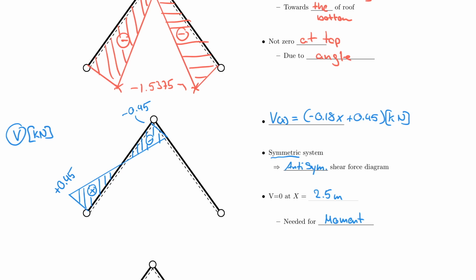But everything else stays the same. The logic stays the same, and when in doubt, you can just analyze the support B and then draw the internal forces for that direction. But we already know how it looks from previous analysis. So here it's positive now, and here it's negative, with of course the same values, minus 0.45 and plus 0.45.